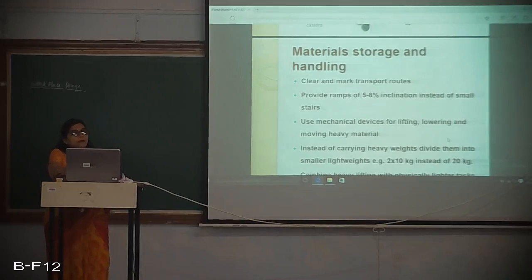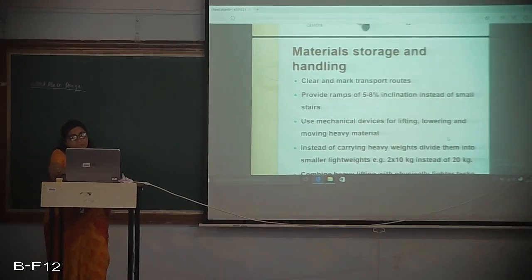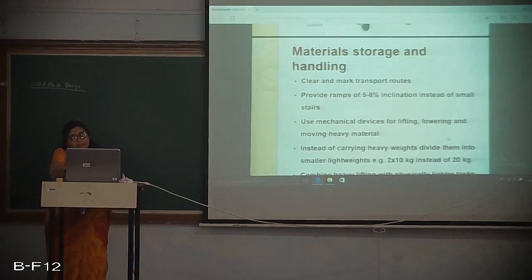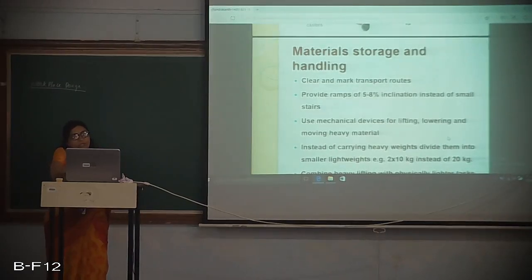Making the human being take the material from one place to another, you may use a mechanical device which is used for lifting, lowering and moving heavy material.